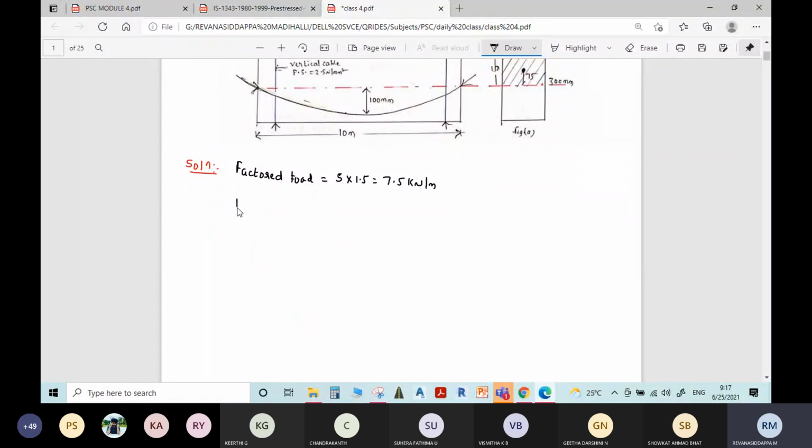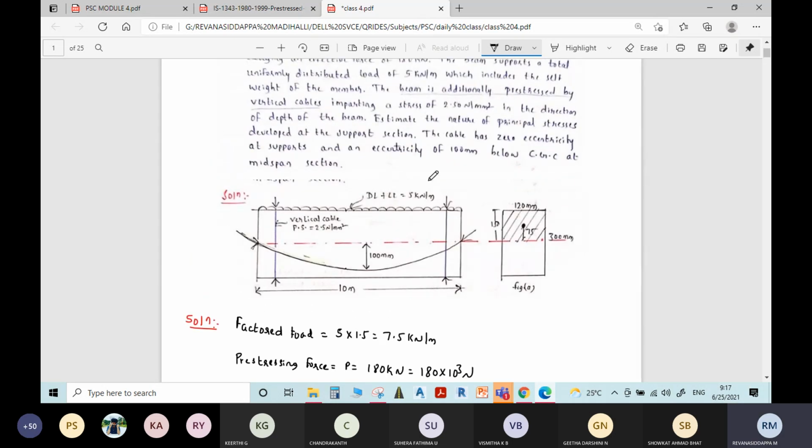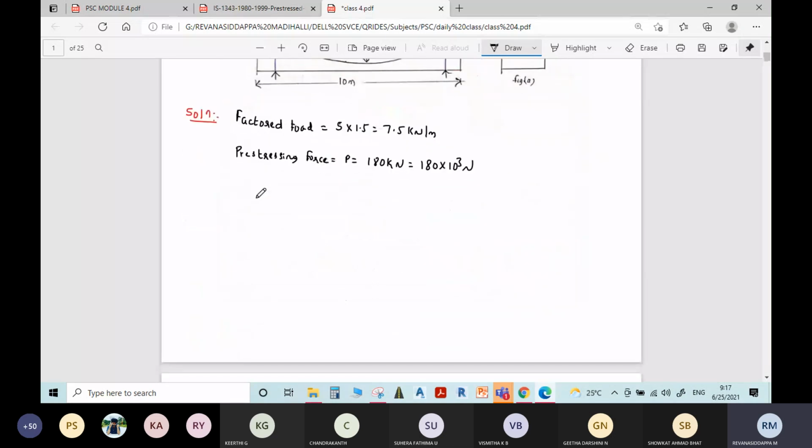Pre-stressing force P is given as 180 kilonewton, is equal to 180 into 10 power 3 Newton. It is asked to find principal stresses, sigma max and sigma minimum.